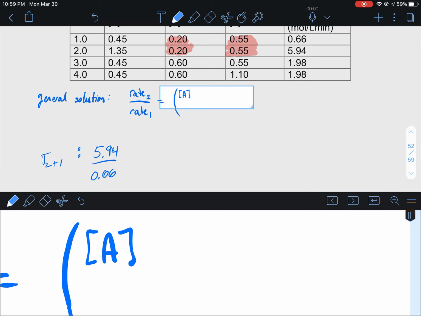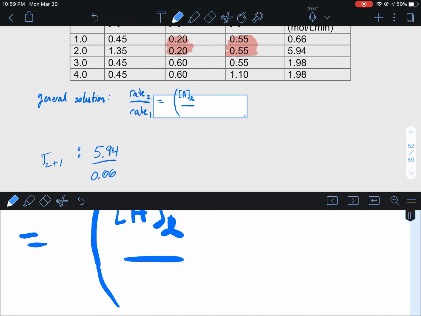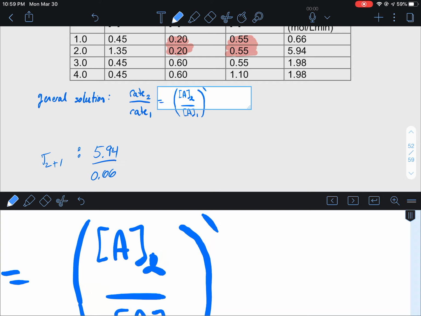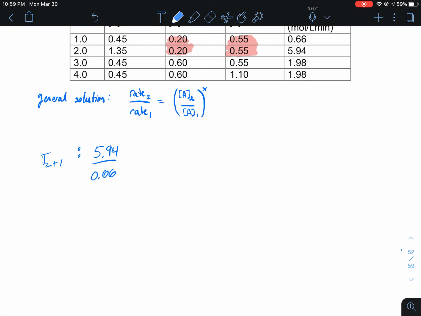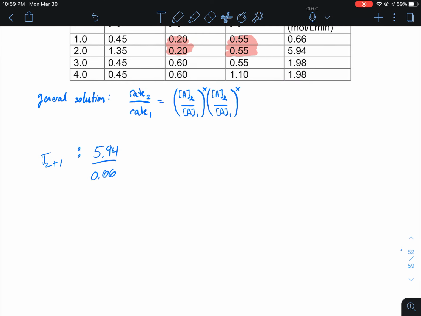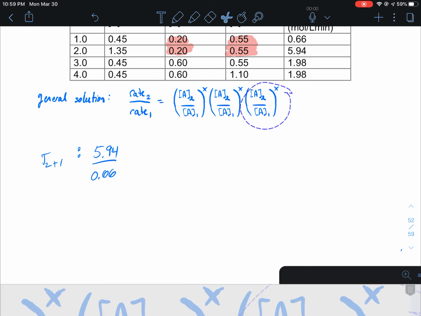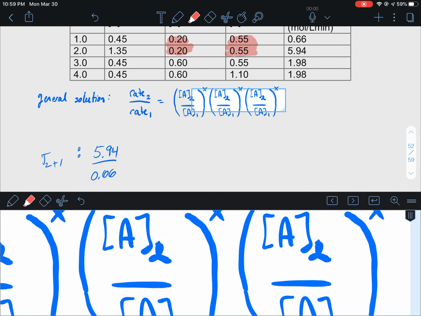Concentration of whatever A2 divided by the concentration of A1 to the power of x, and then essentially you're going to multiply this as many times as you need with whatever letters you need. So this is a very generic equation.